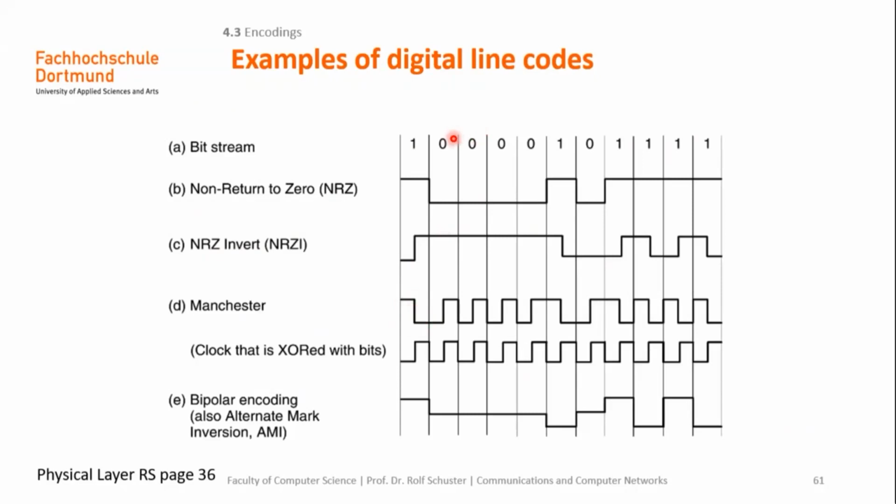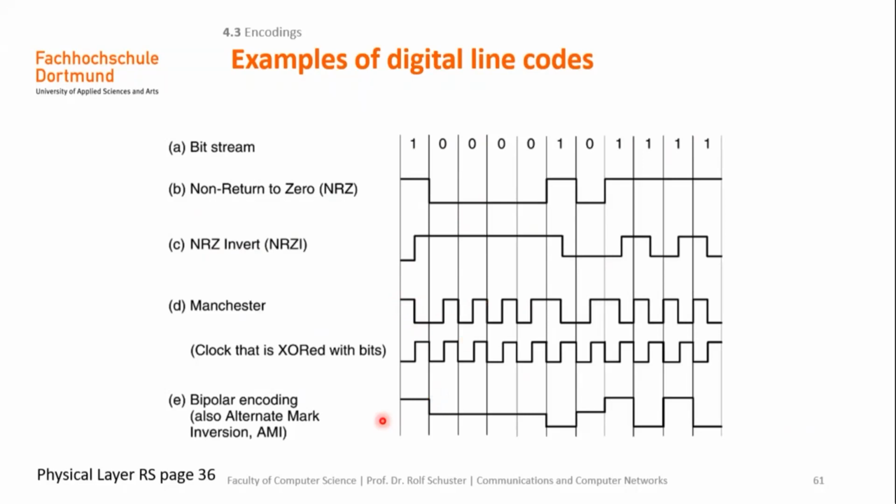But when we need to transmit 0, we perform a change, but in the other way. And in that way, we could transmit information, always performing at least a transition per bit, or perhaps 2 transitions per bit.